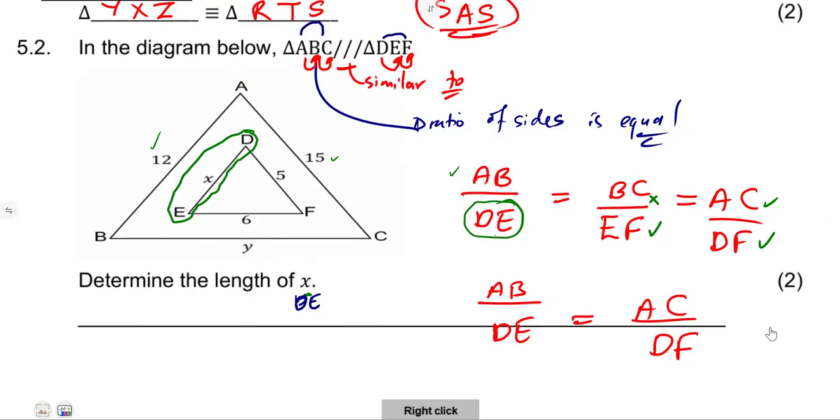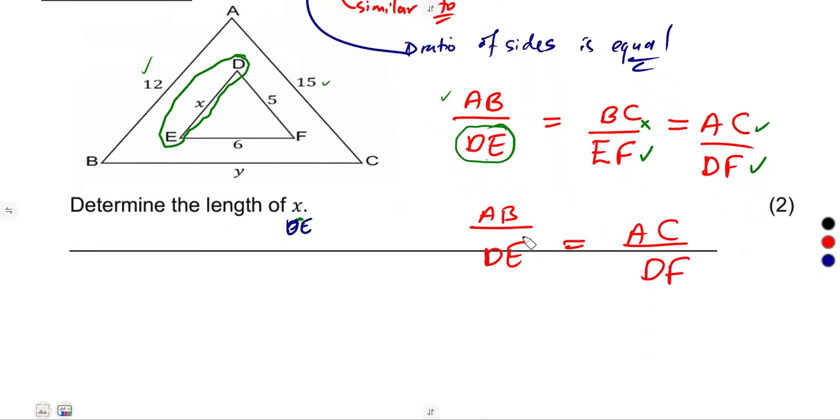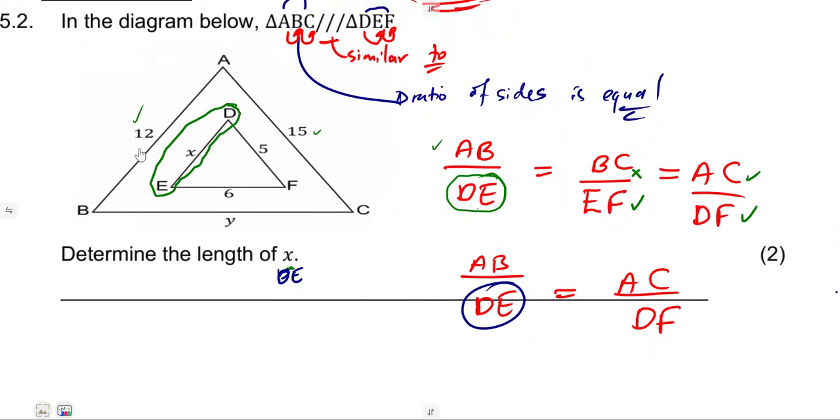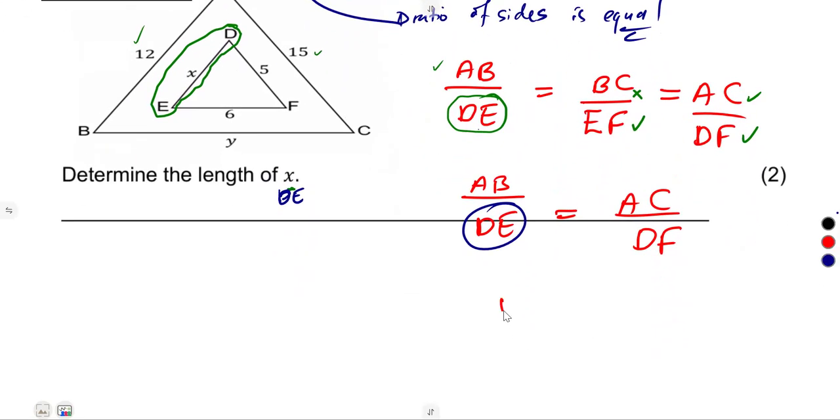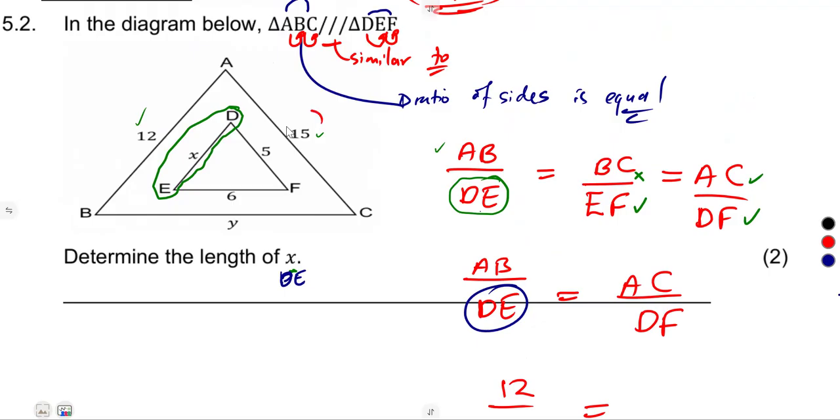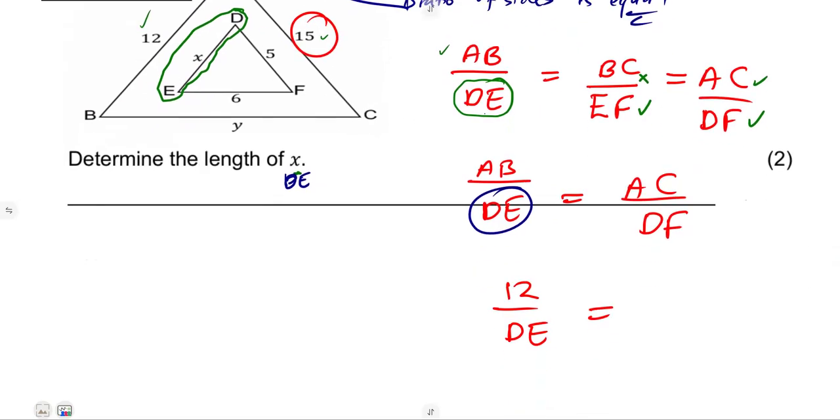All right. So let's find our DE. AB is there. Remember, AB from our diagram is 12. So that's 12 over DE, which is equal to AC, which is also given from A to C. That is 15 over DF.